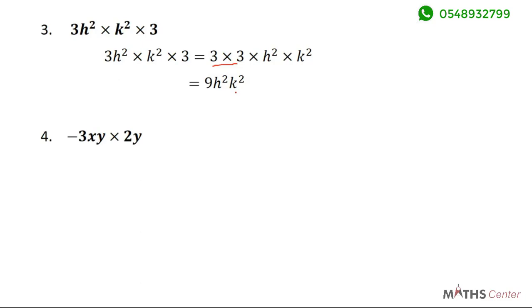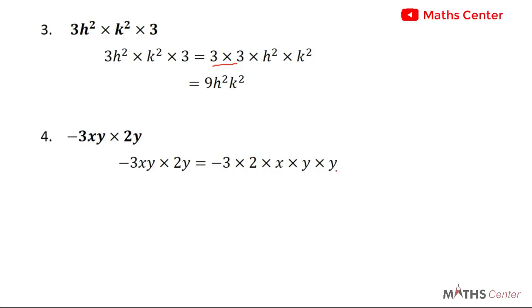The fourth example, we have minus 3xy times 2y. So once again, we group the coefficients and the variables. So grouping the coefficients, we are going to get minus 3 times 2. The variables, we have x, there's only one x, then we have 2 of the y, so y times y.